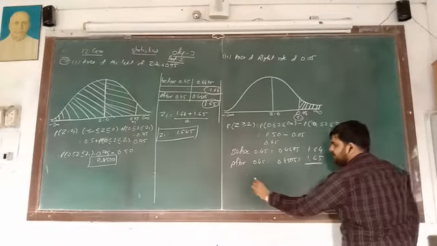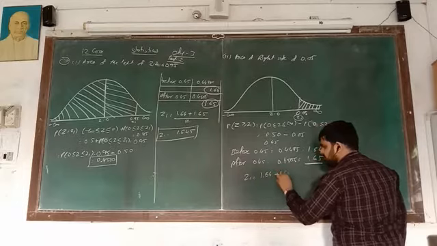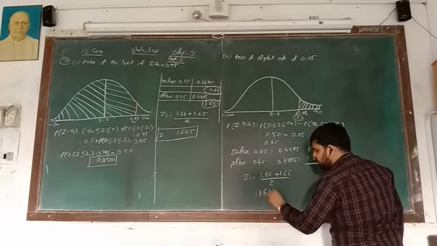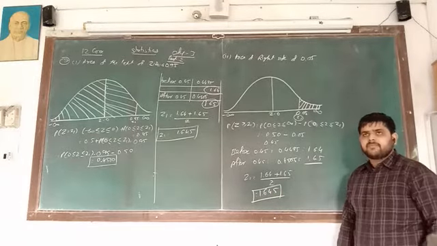And for Z1 we take (1.64 plus 1.65) divided by 2, which is 1.645. So this is your answer.